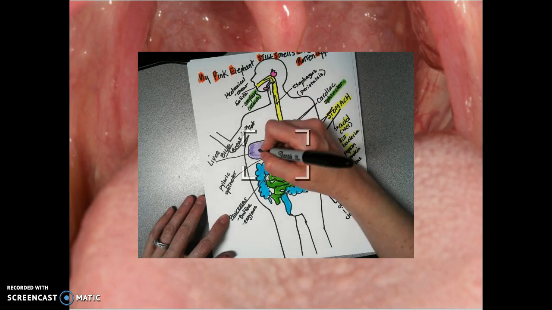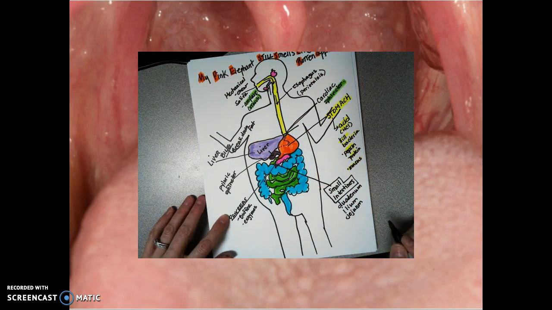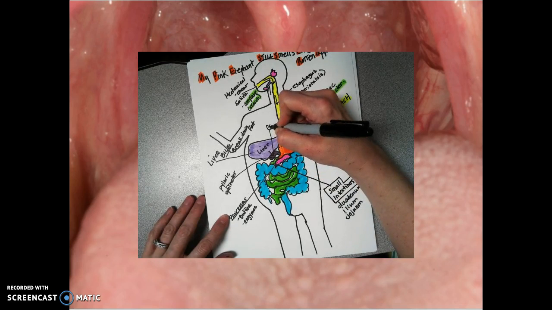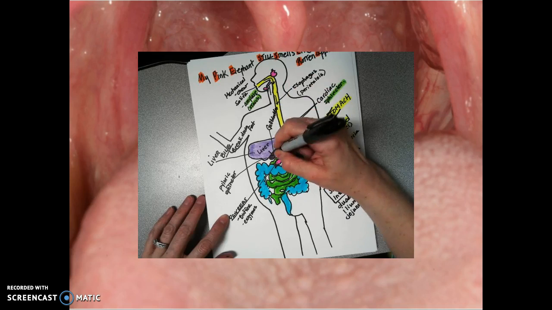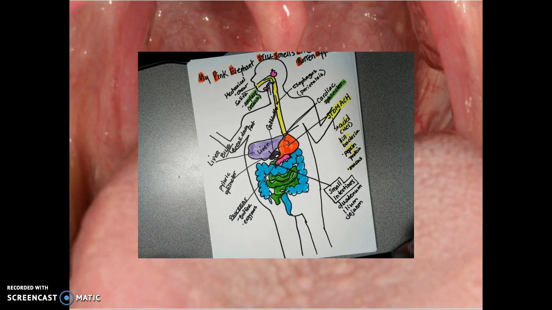So the bile from the liver, which is right here, is stored in this little guy right here called the gallbladder. And then it travels down a tube called the common bile duct, and it empties into the small intestines, and it helps to break down fat.